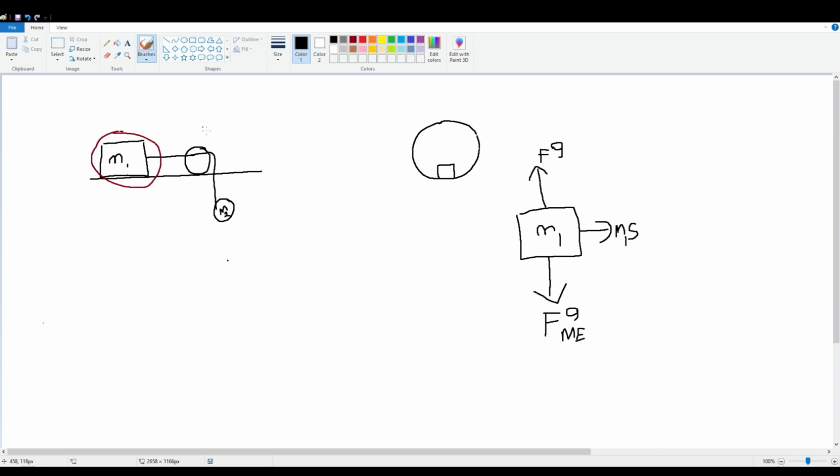And then for the other free body diagram, for the one right over here, we can just draw it here, label it M2, and then we would have a force of tension on M2 by the string.